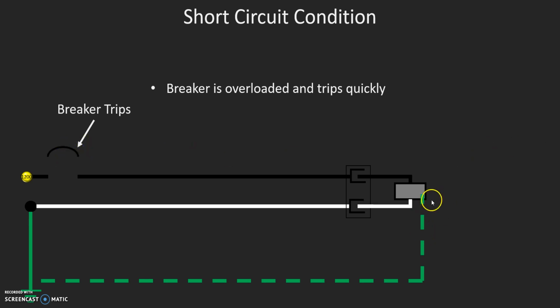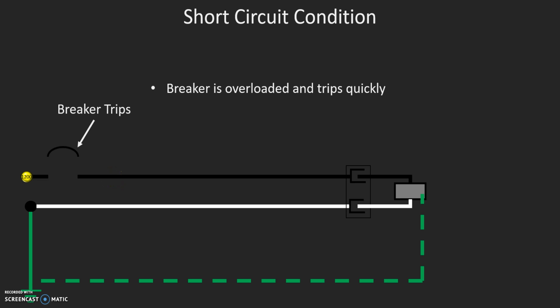So when we ground things, our intention is actually to allow an easy path for current to flow. The more current that flows and the quicker it flows, the quicker that breaker is going to open as well. You hear them called inverse time breakers. That's because the higher the overload, the shorter the amount of time it takes to trip. So again, if we put 21 amps on a 20 amp breaker, it'll probably hold that for a couple of minutes.